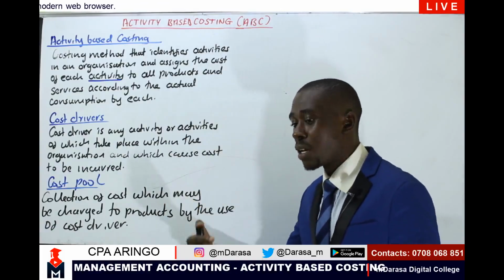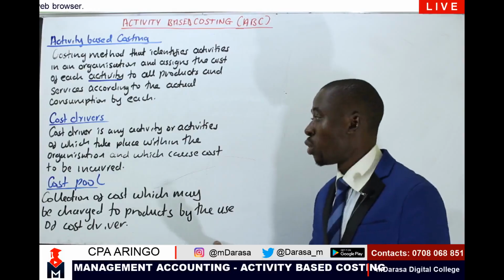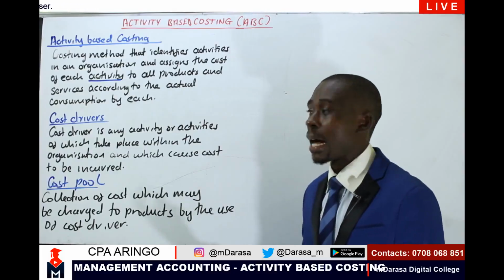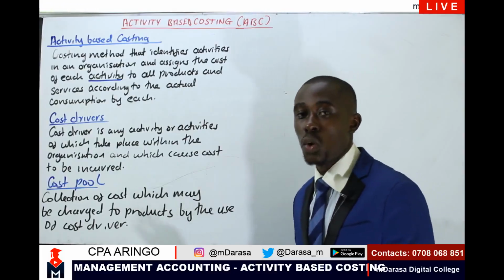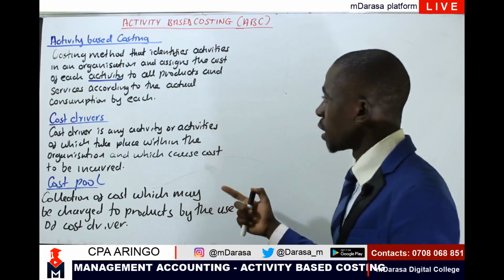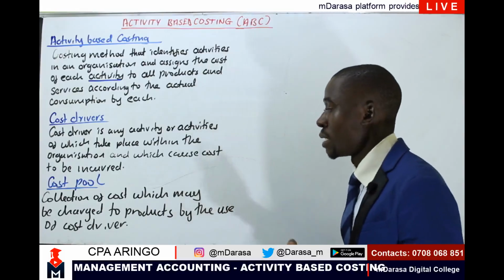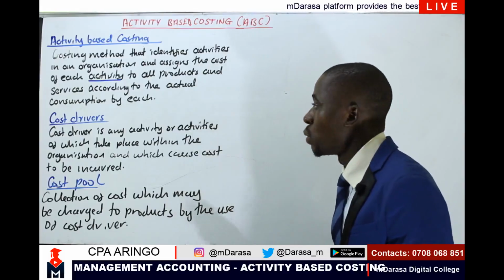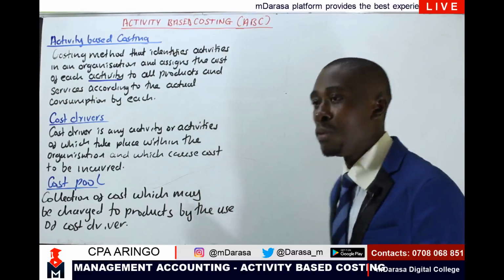Remember, we said a cost driver is a basis of identification of our cost, the activity that will cause a cost to be incurred. After we've understood these elements, working out activity-based costing will be very simple for us.